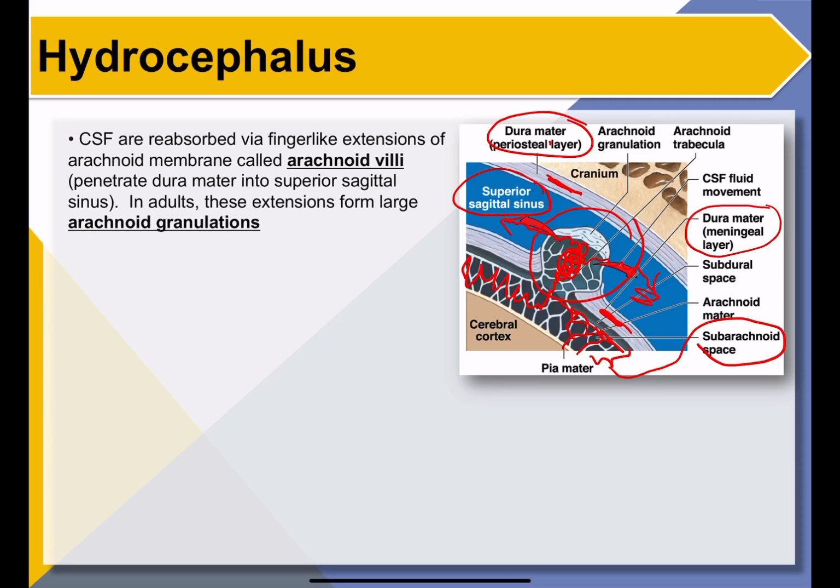Because it's got to be in a circuit, like I said, kind of like a fountain. It has to drain somewhere. It has to be reabsorbed somewhere else, okay? And these little guys here, the arachnoid villi or granulations, will be doing that for us. So this is what allows the waste material picked up from the central nervous system to travel back into venous circulation of the blood.